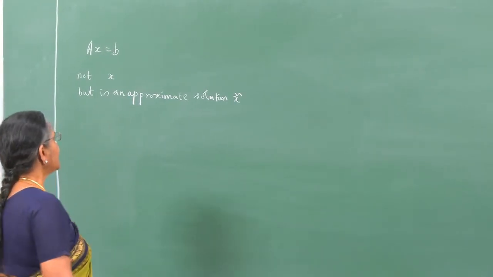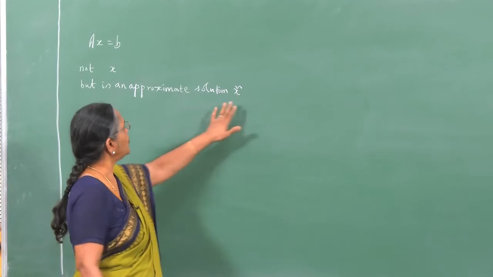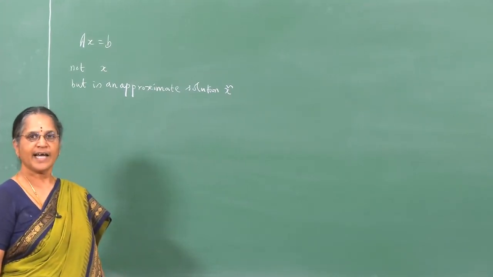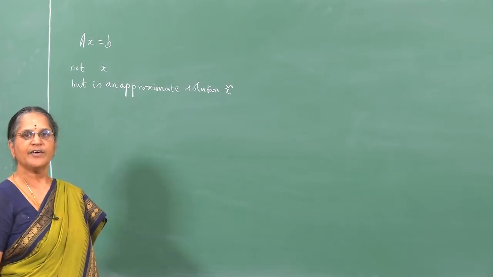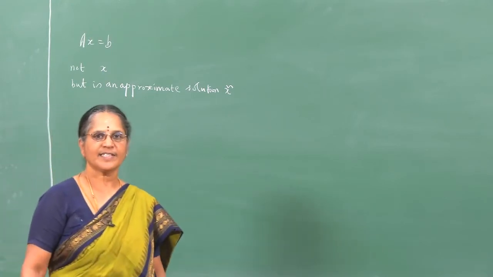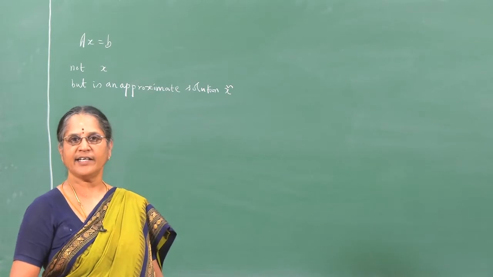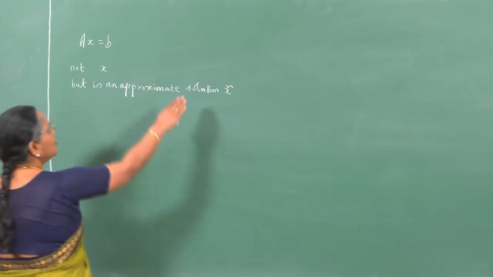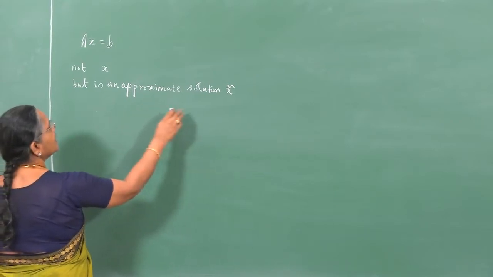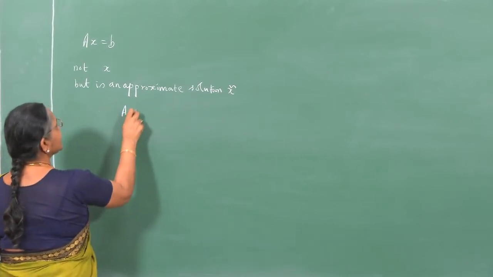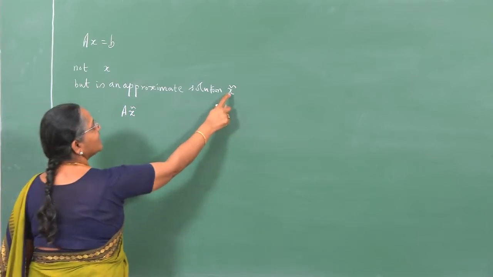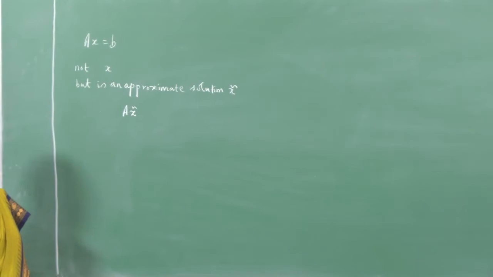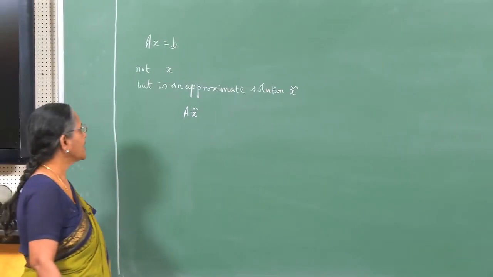So, the question now is, can we improve this approximate solution that we obtained using direct methods, so that we obtain the solution of the system correct to the desired degree of accuracy. So, I compute A times x tilde, where x tilde is the approximate solution that we obtain using any of the direct methods.